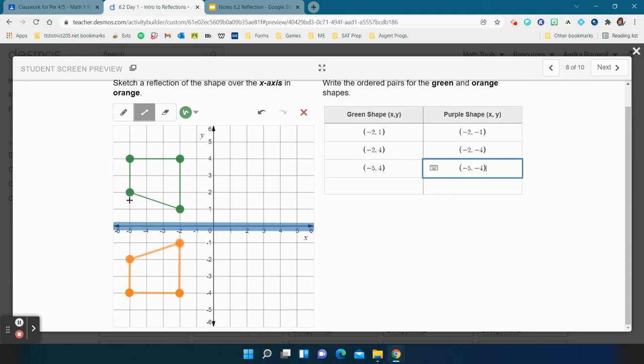And then last partners, this last dot is -5 and 2. So its partner should be -5 and -2. So in this case, when we reflect over the x-axis, our y values flip their signs. So whenever you flip over the x-axis, your y values are going to flip their signs.